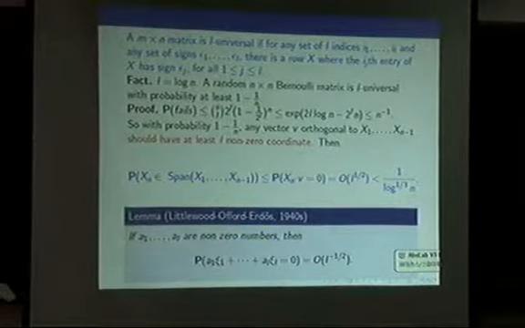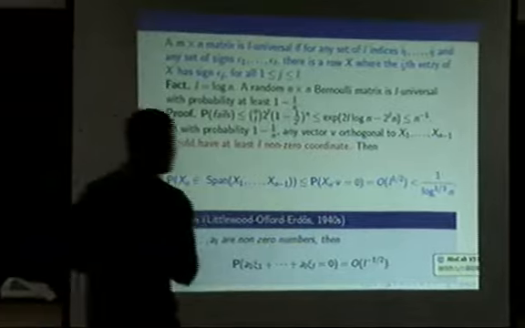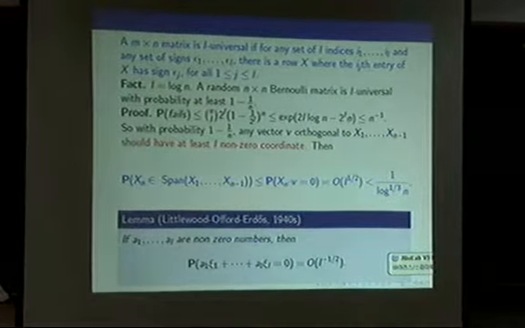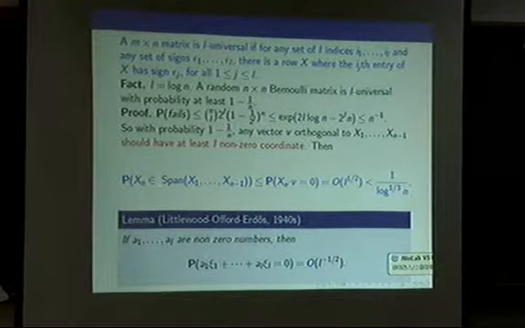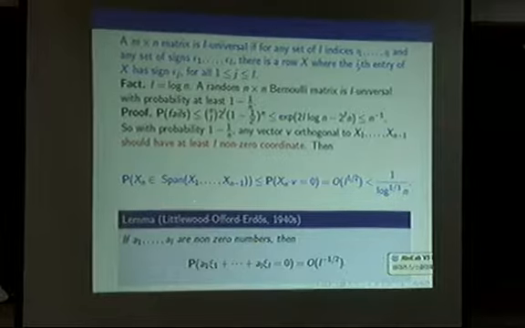Now I condition on this: V has at least L non-zero coordinates. Then what is the probability that the last row vector belongs to the span of these rows? If xn belongs to the span of these rows, it should be orthogonal to V, because V is orthogonal to everything.